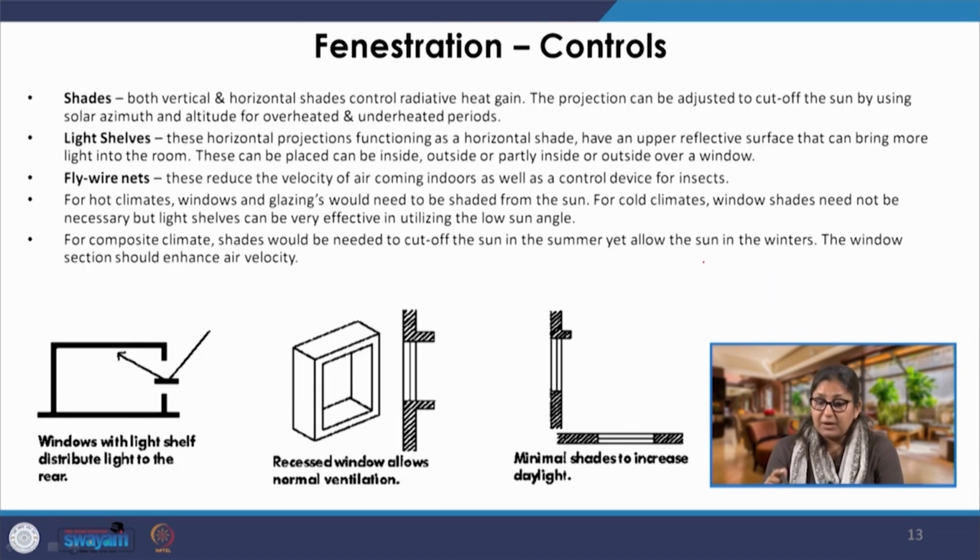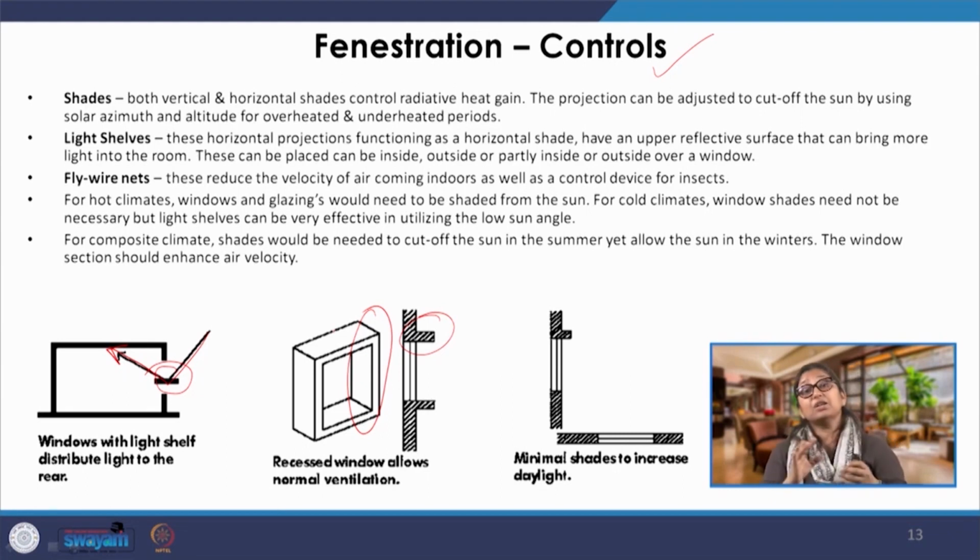Then we have to talk about the fenestration controls as part of the design element. So, we might be talking about the shades, we might be talking about features such as light shelves which help in penetrating the light into deeper areas of the room, or we might be talking about not just horizontal projections, but vertical projections, the shading devices.